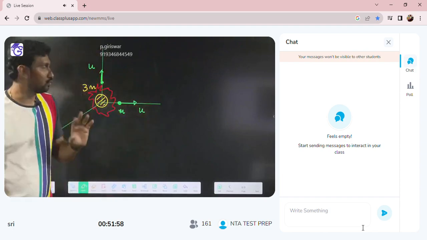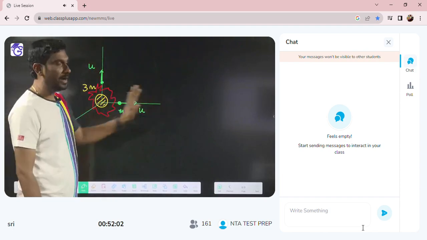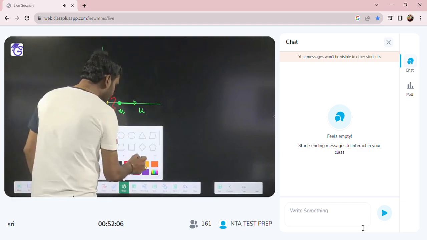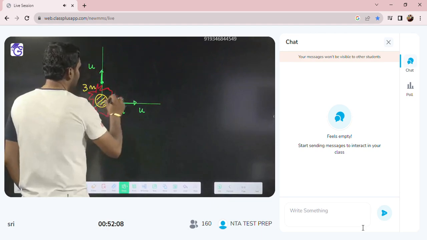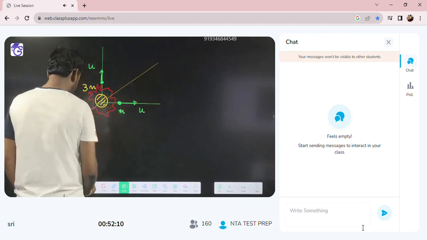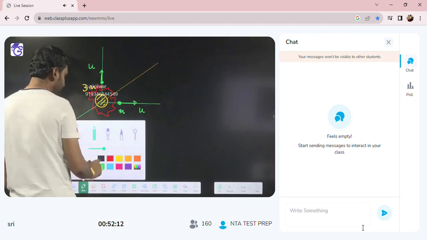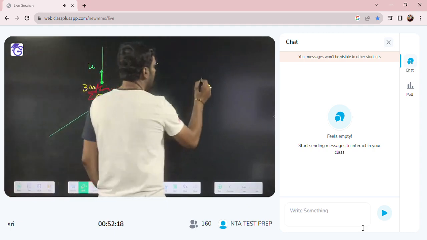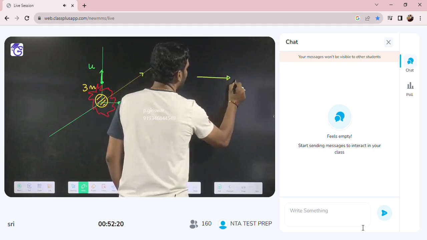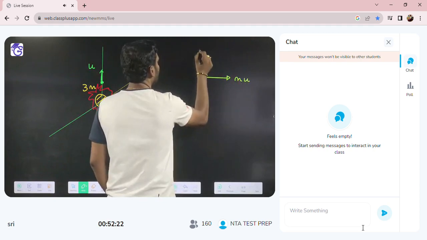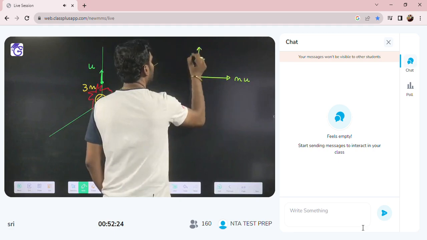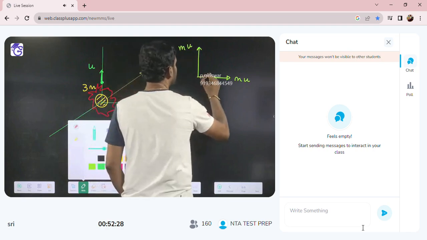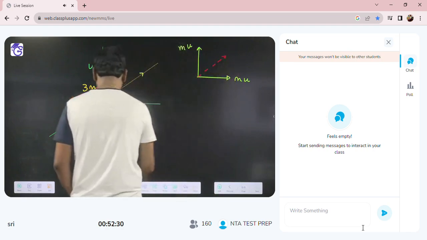सोचो, आराम से सोचो. Two masses u and u, m and m. Boys and girls, can you please tell me if this will be the direction of the net momentum? Hari? नहीं ना? Correct? This is m into u, one momentum. There is another m into u in this direction. Can't I say, boys and girls, that this is the direction of net momentum?